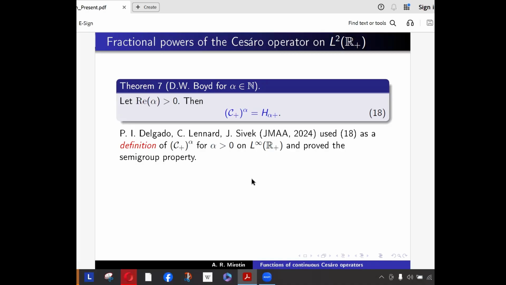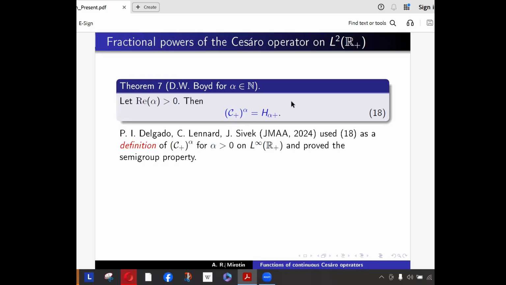It should be noted that formula 11 for the positive alpha appeared last year in the paper of Delgado, Leonard, and Civic in Journal Mathematical Analysis and Applications as a definition of the fractional powers of C plus.